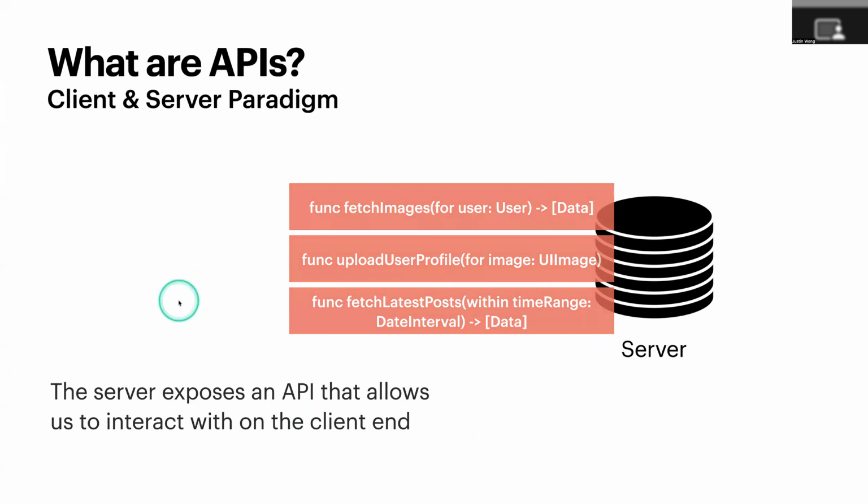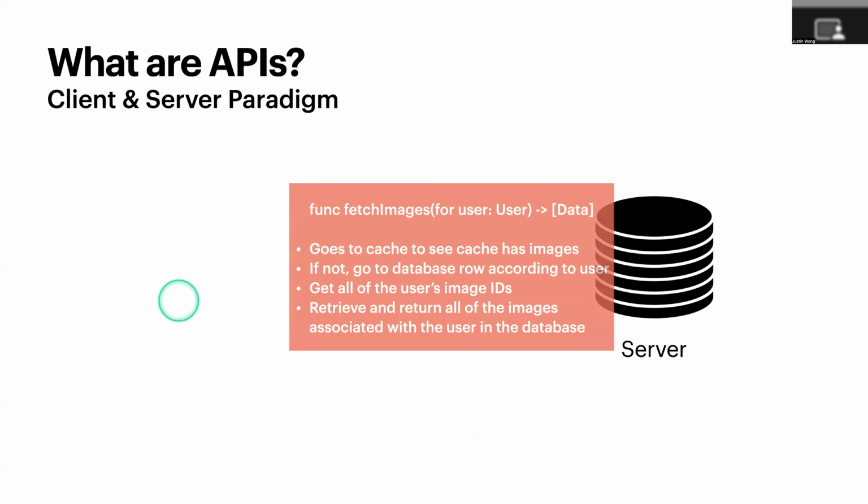And the reason for this is that as an app, we don't really care about the internal details of how we actually fetch an image on the server itself, right? Maybe, for example, this is what happens on the server. When we pass in the user, maybe it goes to a cache, maybe it saves frequently requested images in this cache. It goes there first to see if it has images.